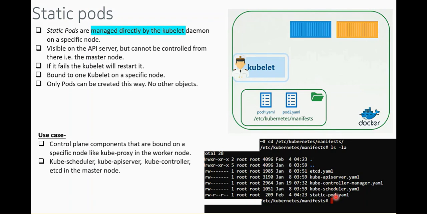That's how these components spin up, and later on we use them to create other objects. This is one typical use case of static pods. There can be other use cases too: for any application whose control you require, apart from the master node, you can create them as static pods.